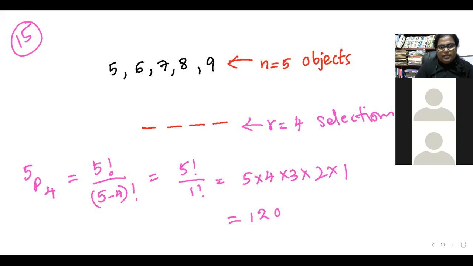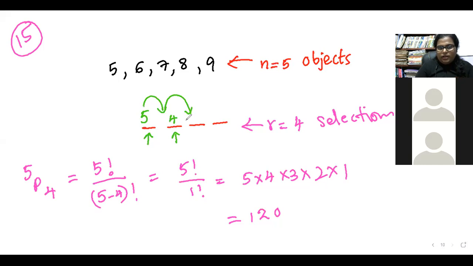So the answer is 120. Right? And imagine without the formula, you can get the answer. For the first position, we have 5 digits. If we allocate one for the first position, we have only 4 digits for the second position.